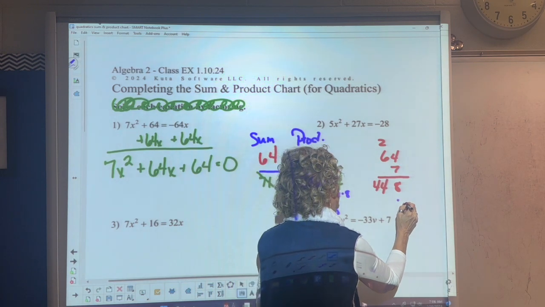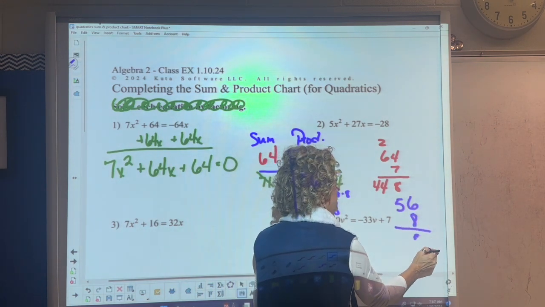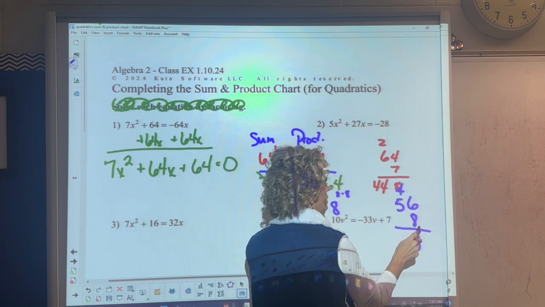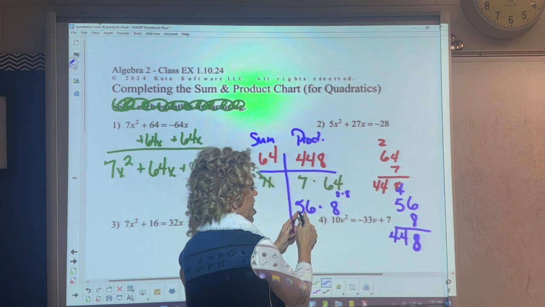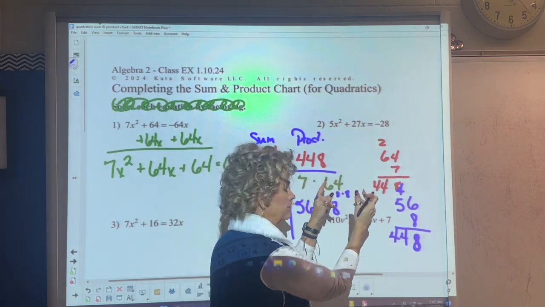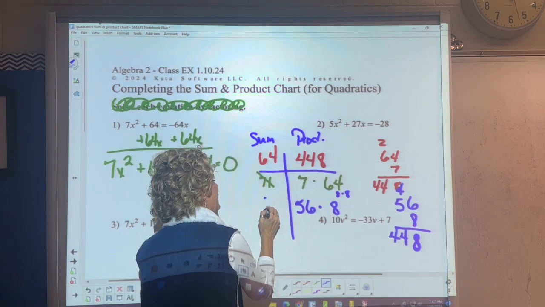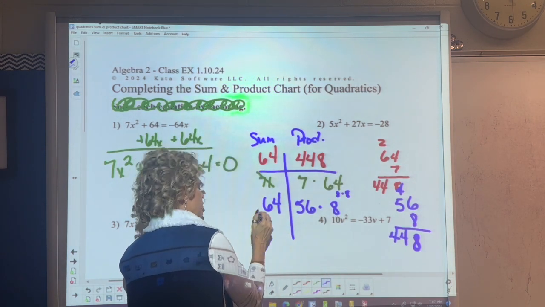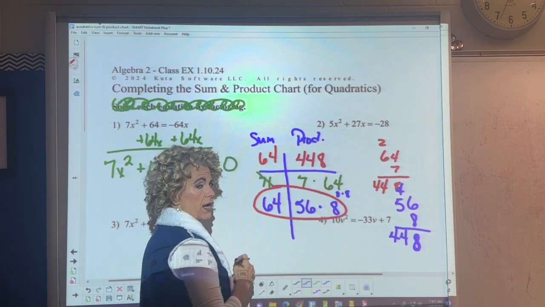If you don't believe me, we're going to go 56 times 8. 6 times 8 is 48. Carry your 4. 8 times 5 is 40 plus 4 more is 44. So 56 times 8 is 448. That's what I'm needing. 56 plus 8 is 64. So this right here is what I was looking for.